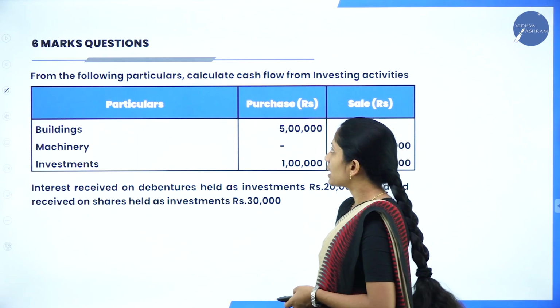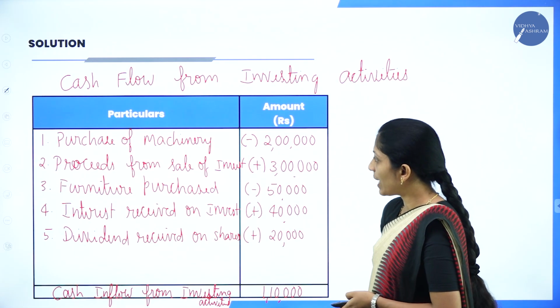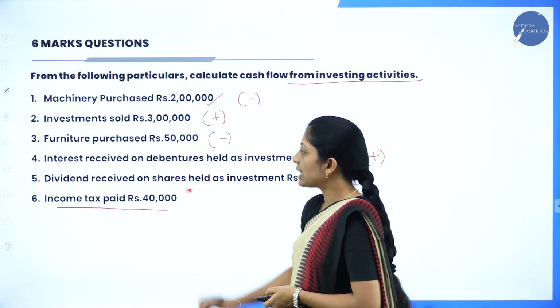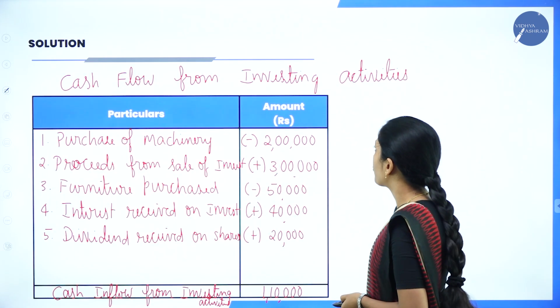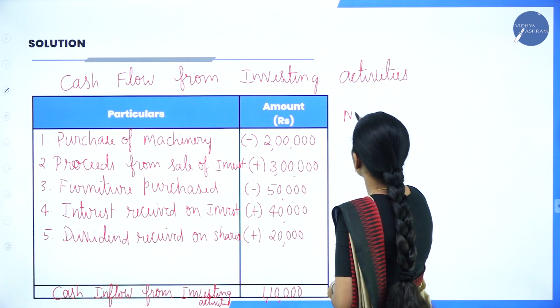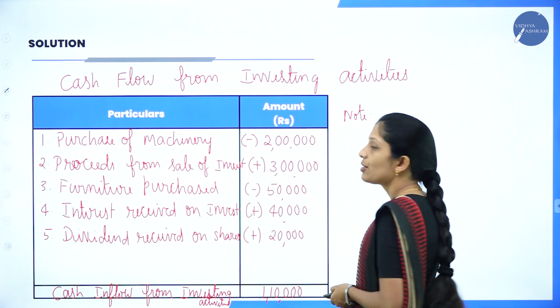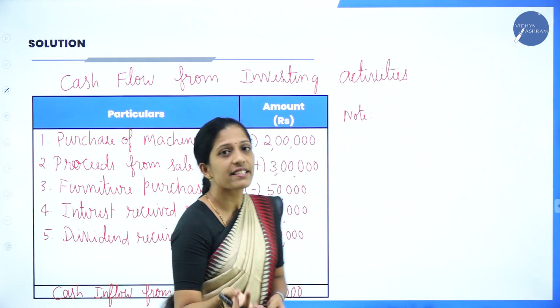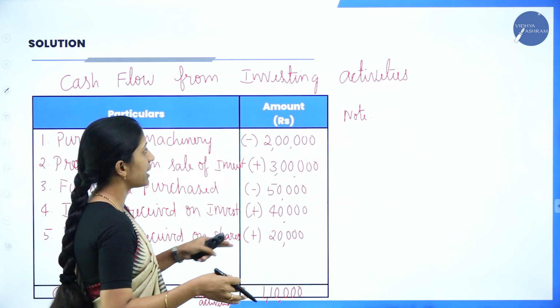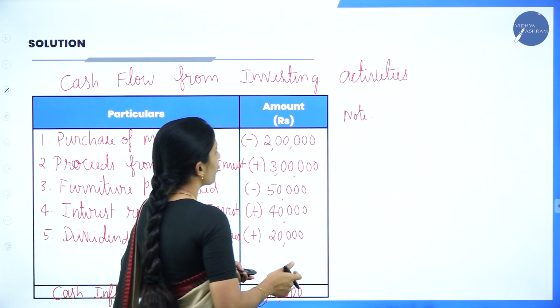For the previous one, we have left out income tax paid 40,000. You have to write a note here. So how to write a note? Because this is a transaction which is not recorded in your investing activity. So how do you write?